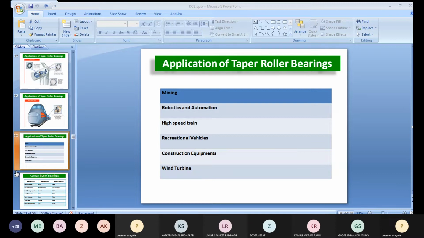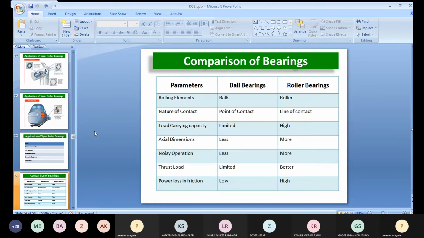Okay, have you written this? Yes, sir. Okay, now see, the basic difference we'll have to check about the ball bearing and roller bearing. This type of question will be asked from an objective point of view. See, so various parameters I have mentioned over here.